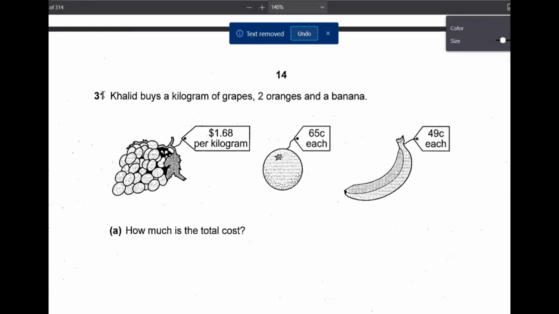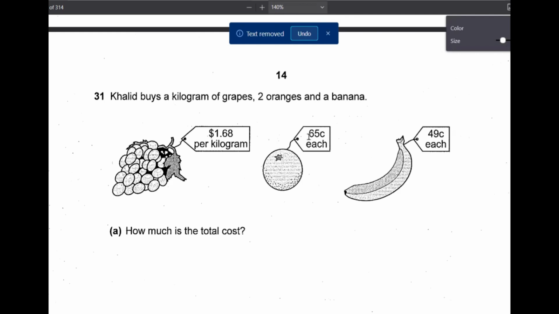Question 31. Khalid buys a kilogram of grapes, 2 oranges and a banana. They ask how much is the total cost. A kilogram of grapes, if you see these numbers here, is 1.68.